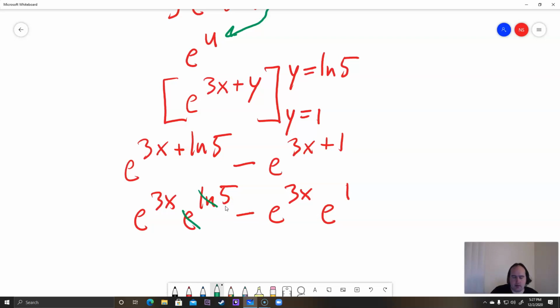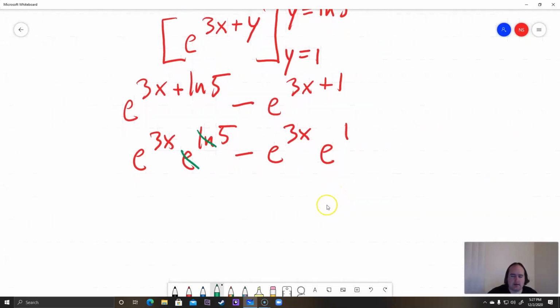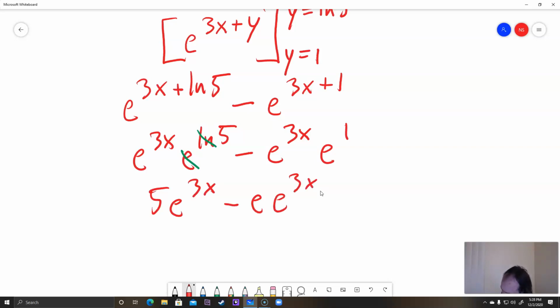Okay? So what we actually have here is, we've simplified it a little bit. So this one's actually just going to be 5 times e to the 3x, minus e times e to the 3x. And you might be wondering, why did I write it like that?